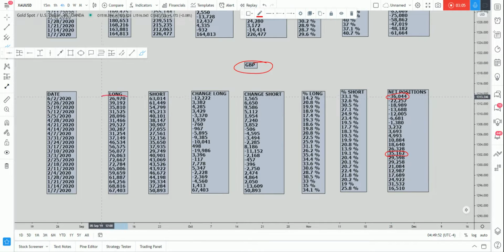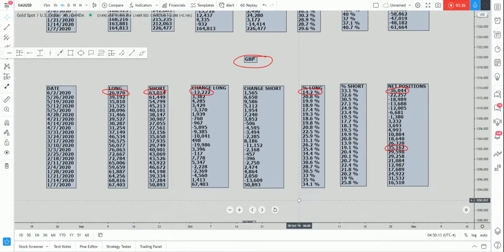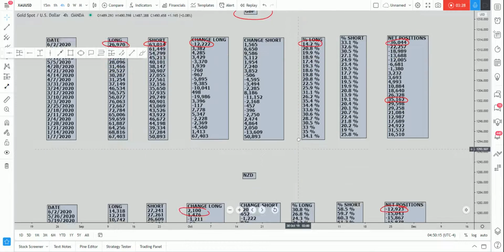In fact, we're currently sitting at 26k longs and 63k shorts from an institutional point of view. And in the last report, hedge funds closed under minus 12k long positions, bringing the total long exposure to only 14.2%.